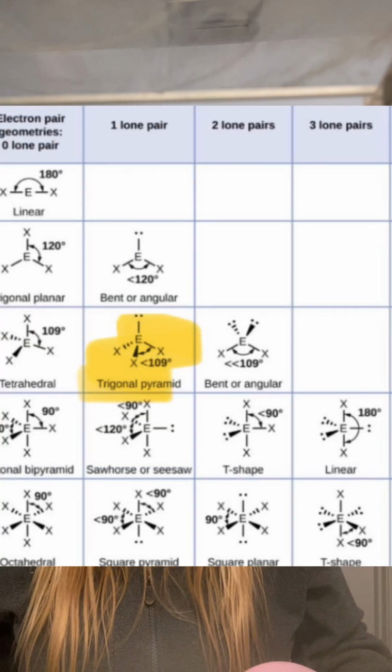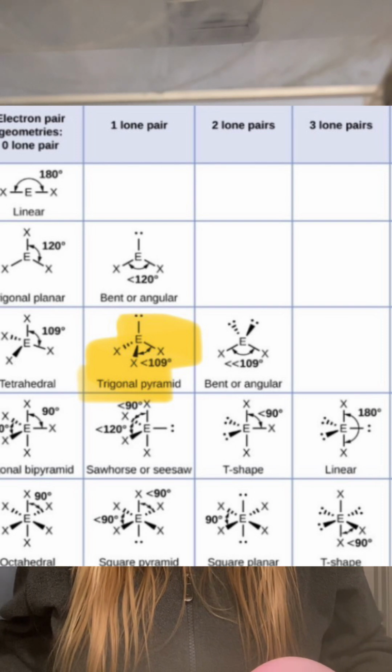Next, let's take a look at the trigonal pyramidal geometry, which has three bonding areas and one lone pair. A good example of this is NH3, which is ammonia. I'll use four balloons here, with the top one representing the lone pair.